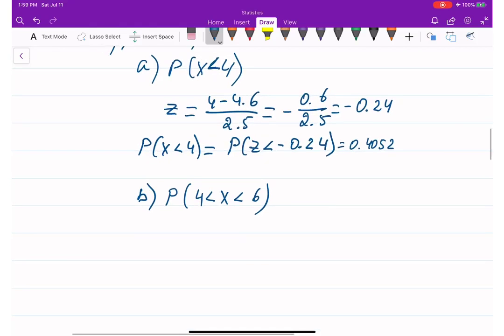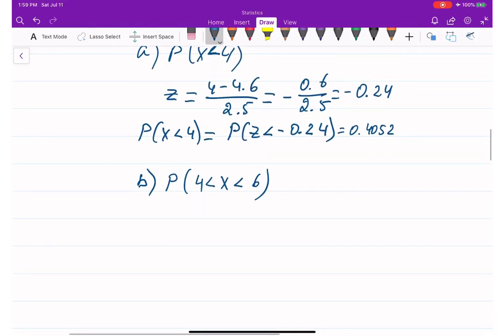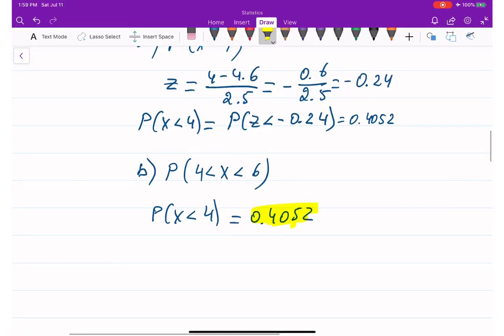So again, we already have probability of x less than 4 is equal to 0.4052. Next, we are going to do less than 6.